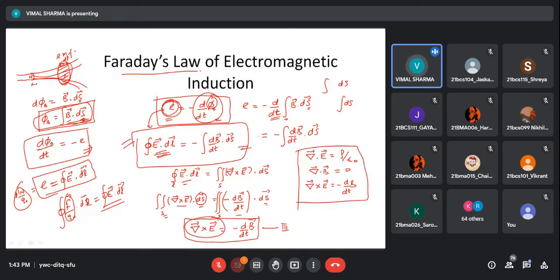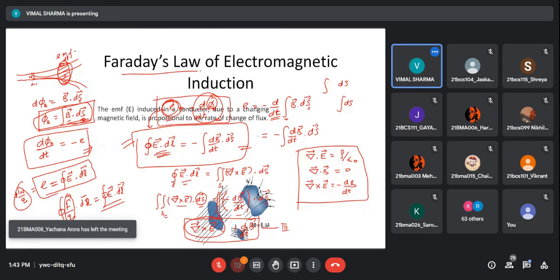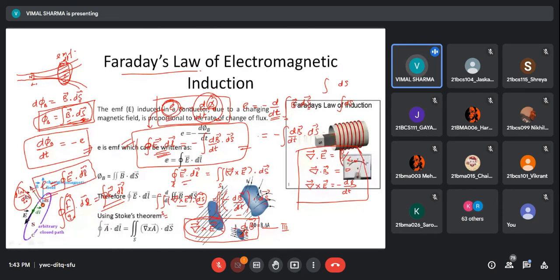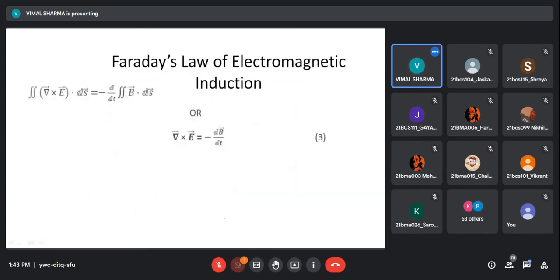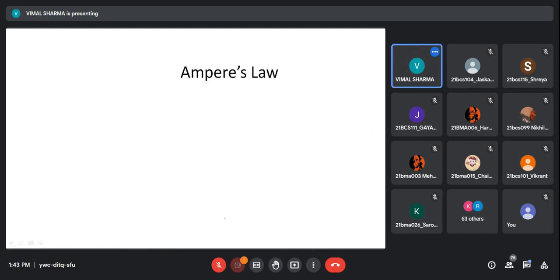Then the fourth Maxwell's equation comes from Ampere's law. So this is what we have done, and next is Ampere's law.